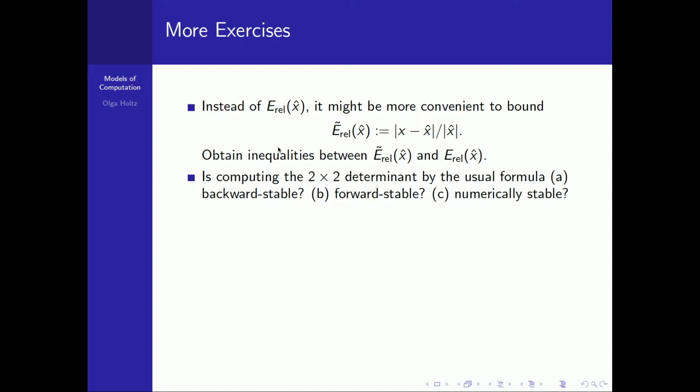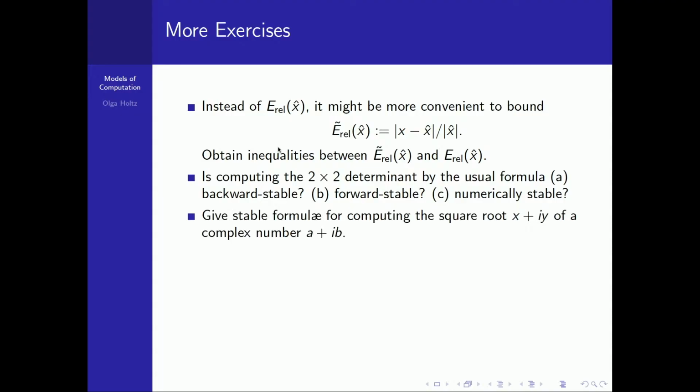And the very basic question is, is this going to be forward stable? Is this going to be backward stable? Is it going to be numerically stable in this notion that we introduced? Very, very basic stuff. Then moving on to slightly less basic questions.